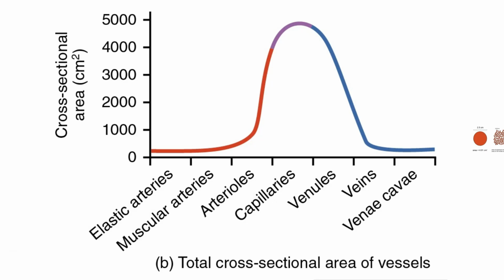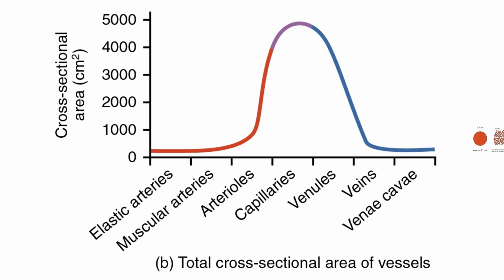This graph shows the total cross-sectional area of all of the vessels at that level of circulation. Now, cross-sectional area is a little bit different than diameter, but it's still using the same basic data. The cross-section of the aorta is going to be based on a 2.5 centimeter diameter, which would be pi times 1.25 squared. And then as you go into higher and higher cross-sectional areas, the vessels are actually getting narrower, but more and more vessels are going to add up to a greater cross-sectional area across all of those vessels.